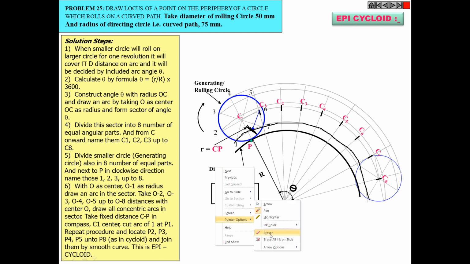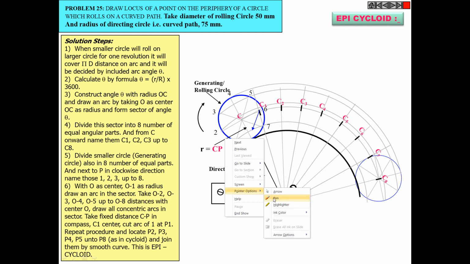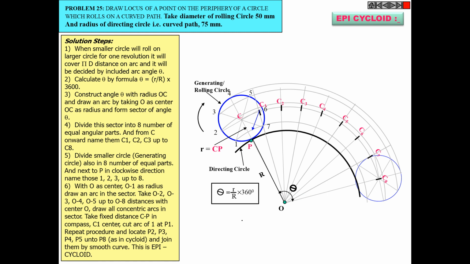See, let me erase each and everything. Listen to it carefully. Point P is the first locus point of the epicycloid. Now, corresponding to all the different center points C1, C2, C3, C4, I will get different locus points of epicycloid.